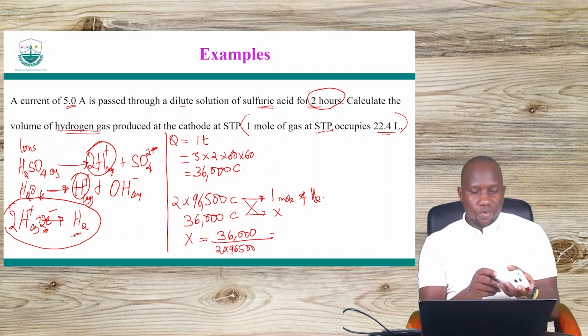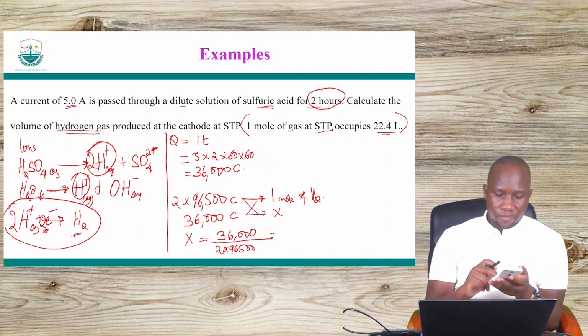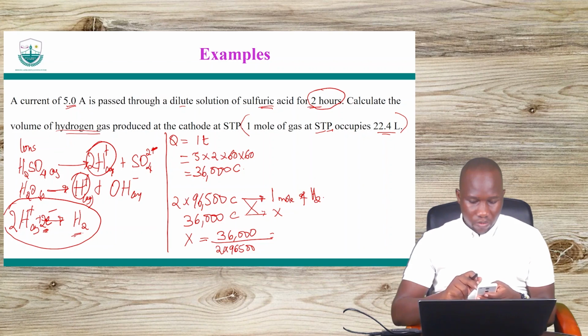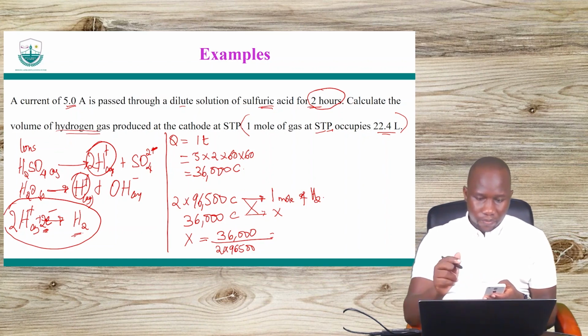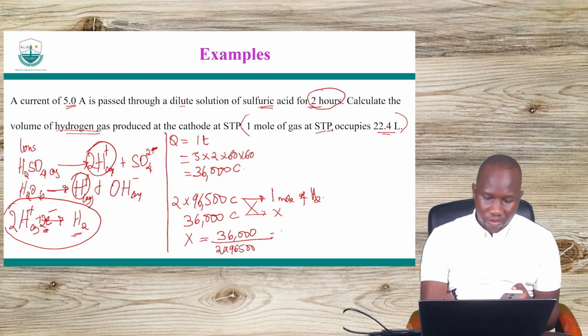So what number of moles do we have? 2 times 96,500, you get that. So you basically have 3 zeros, right?